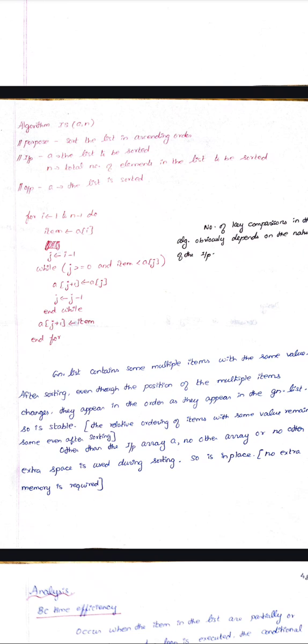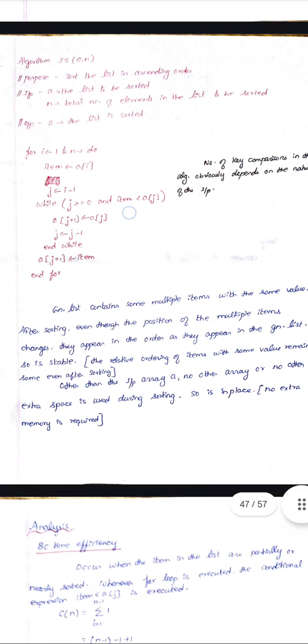While j is greater than or equal to 0 and item is less than a of j, a of j plus 1 equals a of j, j equals j minus 1. And after the while loop, a of j plus 1 equals item, end for.